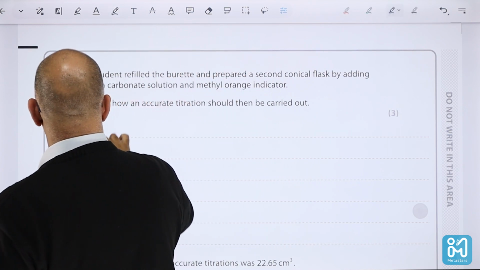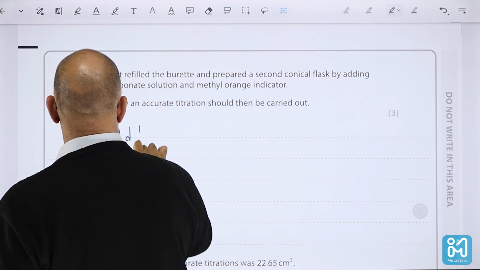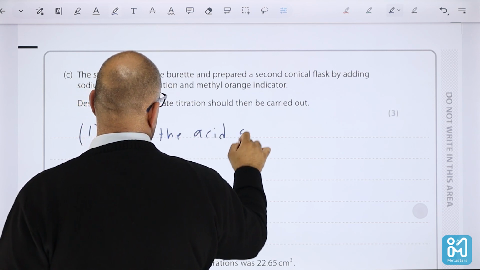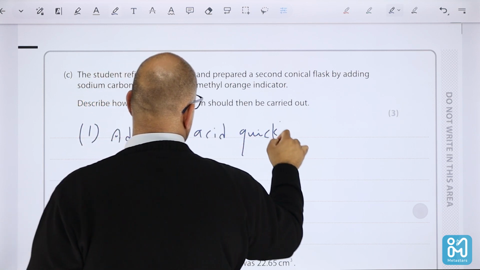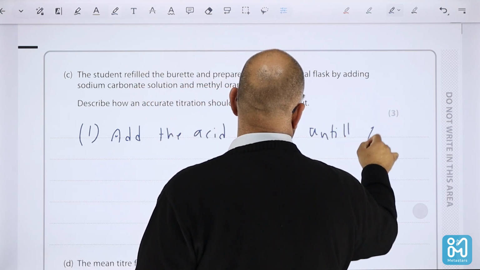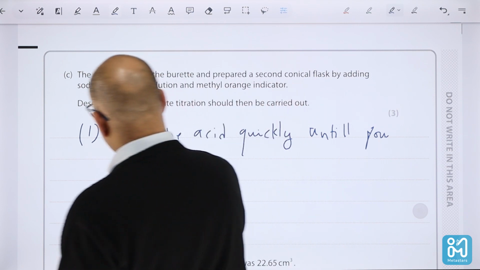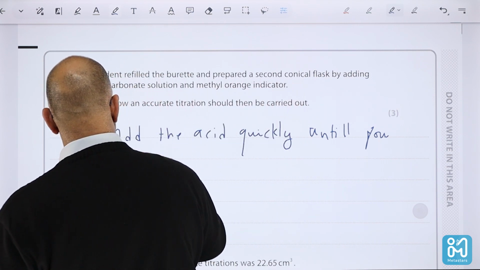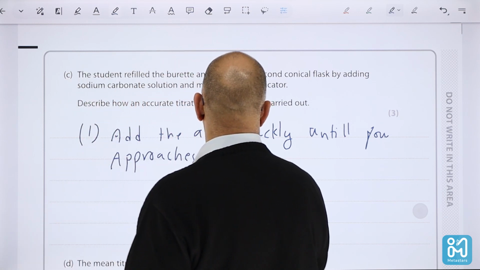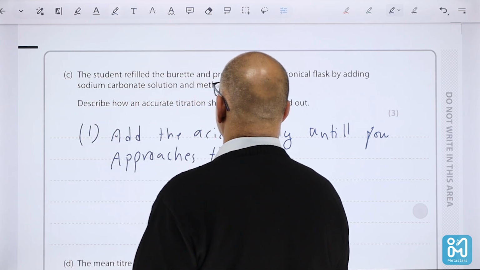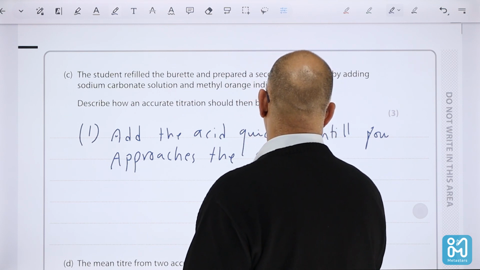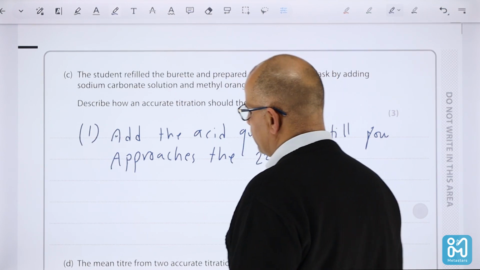So first add the acid quickly until you approach the rough titration, or 23.8 cubic centimeters.